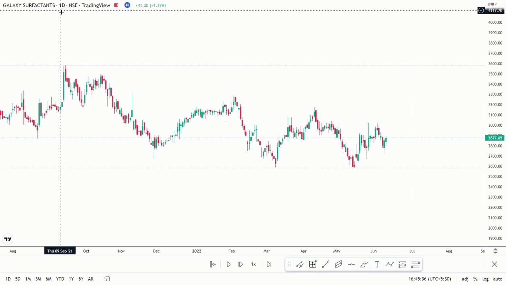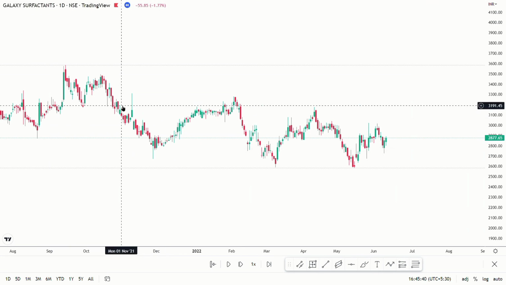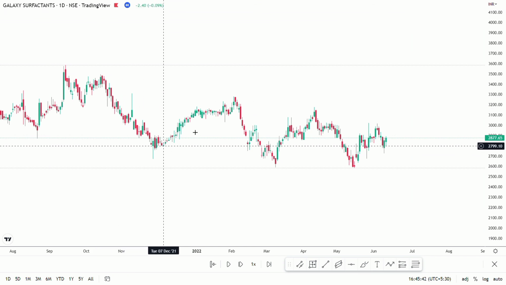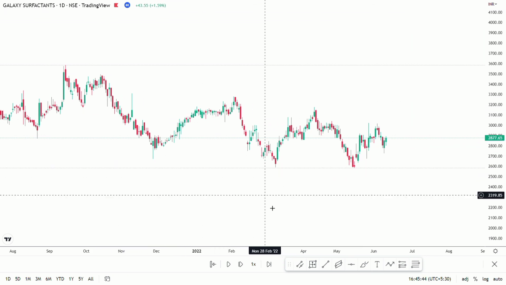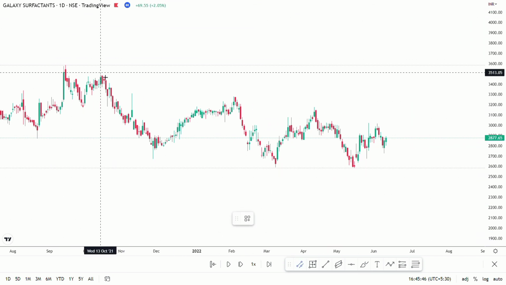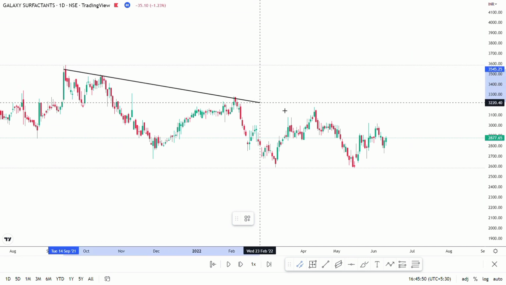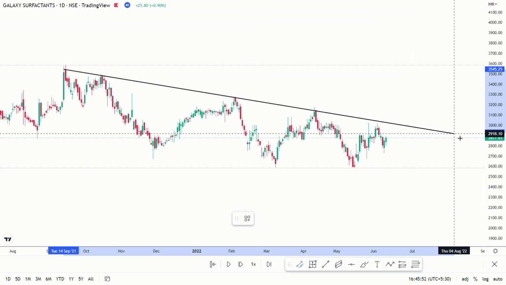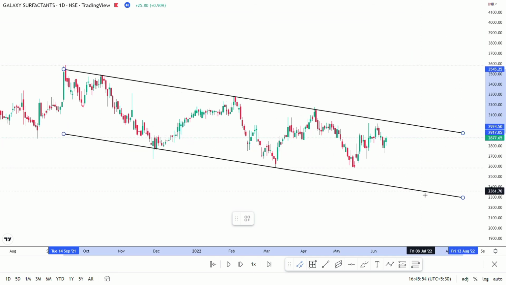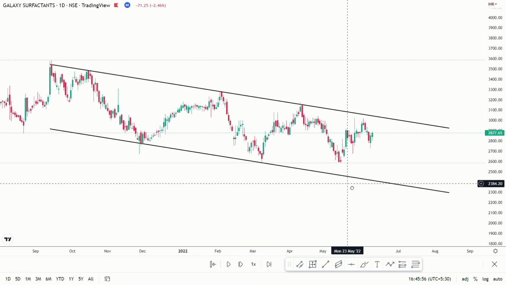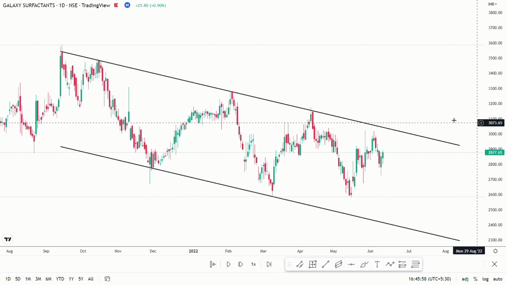So this is a particular stock named Galaxy Surfactants, and as you see, this stock is forming a down channel pattern, and we can now draw the down channel pattern from this point to this point. Okay, this is a very simple channel pattern, as you see.